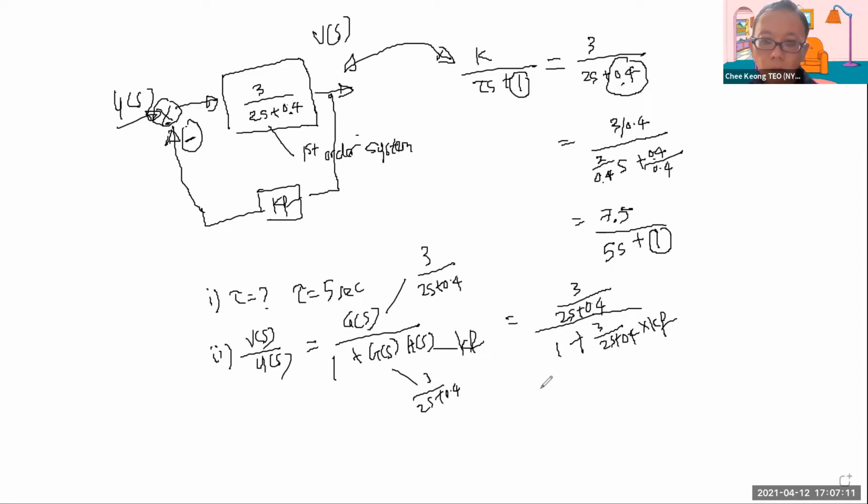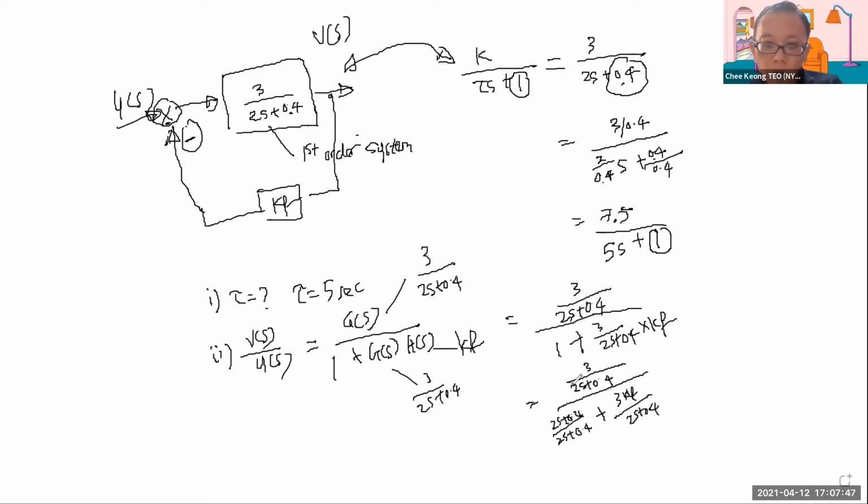So indirectly, you can write it as 3 over 2s plus 0.4, and the denominator will be 2s plus 0.4. So you have 2s plus 0.4 divided by 2s plus 0.4. That is also equal to 1. Same thing. Then plus 3 kf, 3 times kf over 2s plus 0.4.